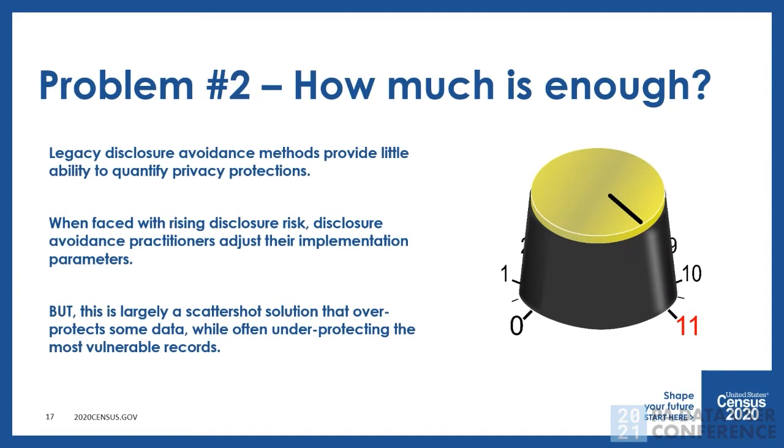But the relatively scattershot and subjective nature of traditional approaches means that when those parameters are adjusted, you're likely to overprotect some data, essentially making them less usable or less accurate than they could be, while at the same time underprotecting some of your more vulnerable records. So this is a relatively inefficient way of trying to protect privacy.